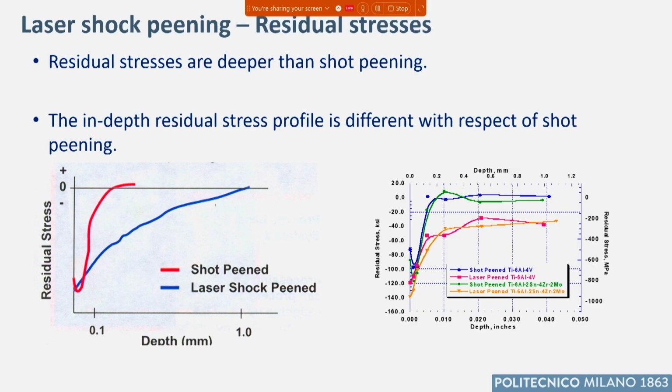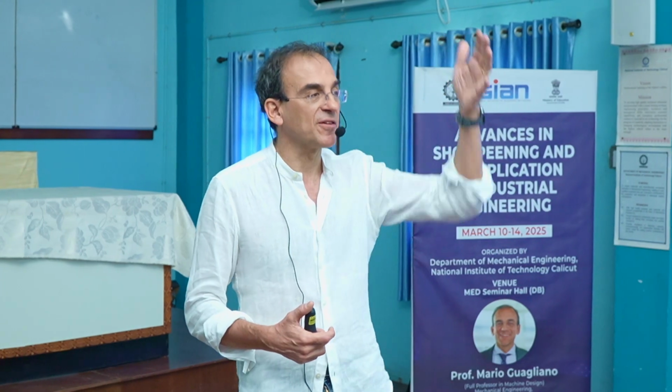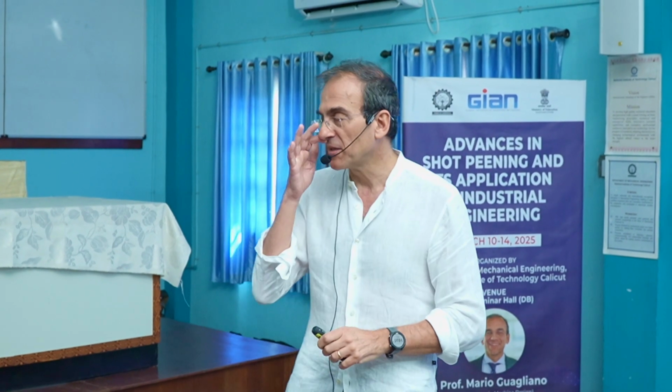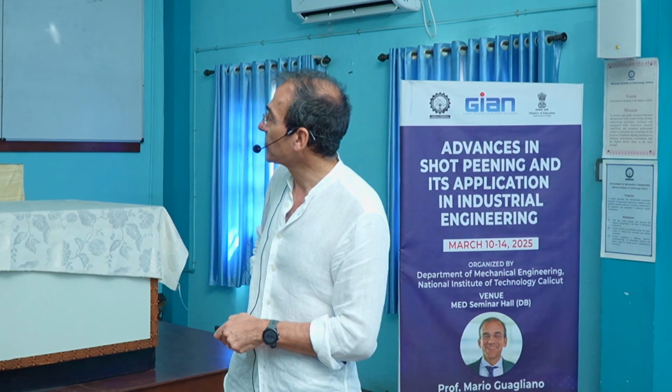Laser shot peening is more effective and is able to induce much deeper residual stress. At the same time, the trend is also different. We have a maximum on the surface and then a trend that is continuously decreasing, while for shot peening, we have a lower value at the surface, then an increase of compression, and then it goes down to tensile residual stresses.